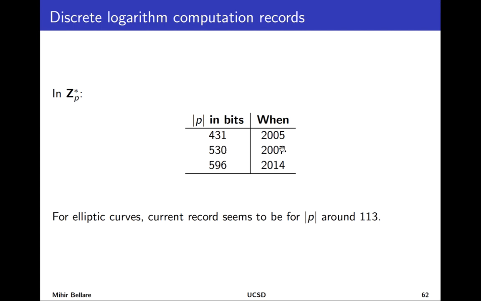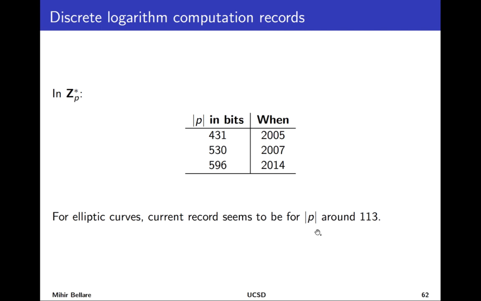And then that went up by 2007, up to 530 bits, and almost 600 by 2014. Now for elliptic curves, the algorithm, as per our prior slide, is slower. That means that P, which there is the size of the group, can be quite a bit smaller and nonetheless it will be hard to find discrete logs.